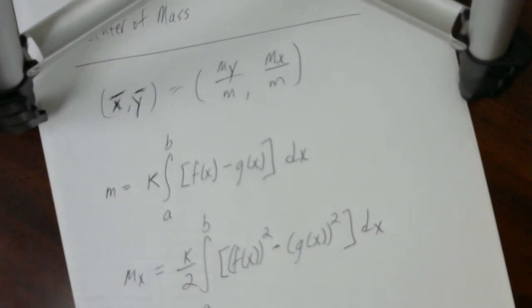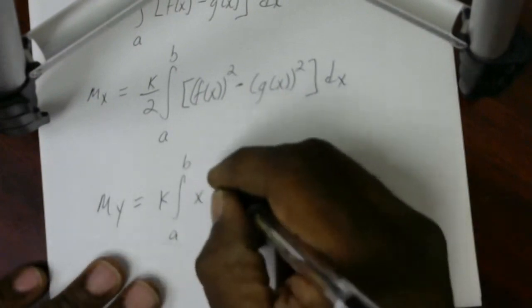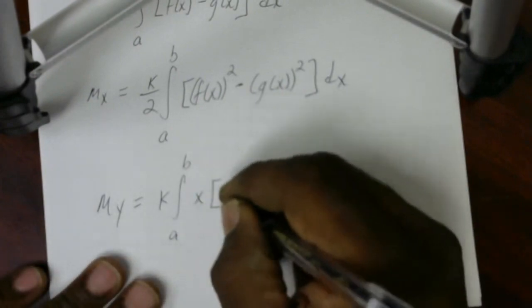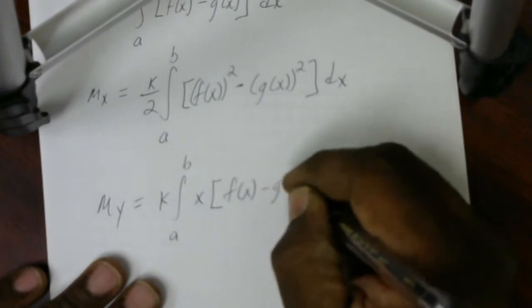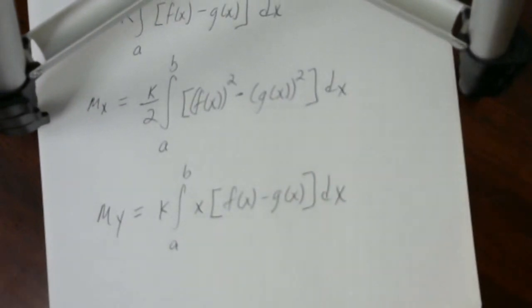Now, to find the moment about y, we're given K times the integral from A to B of x times the quantity f of x minus g of x dx.